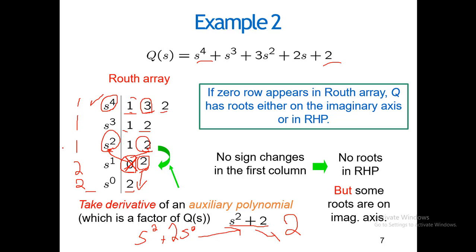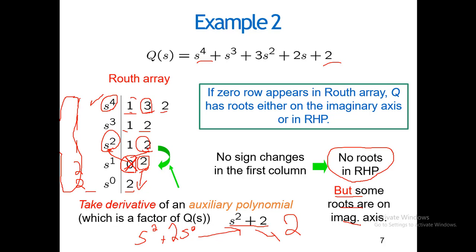So you see that there is no change of sign over here. If you see no change of sign in the first column of the Routh array, it means there are no roots on the right half plane. If there are no roots in the right half plane, it means the system is stable, but some roots are on the imaginary axis.